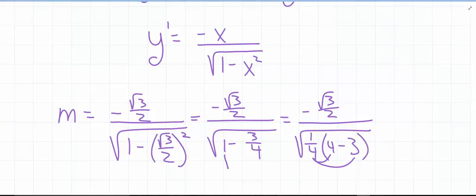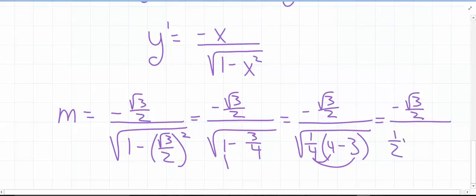Now if I take out the 1/4, I get 1/2 square root of 1. So that's nice. And then I don't like the fact that I've got this complex fraction, so let me just multiply the top and the bottom by 2.